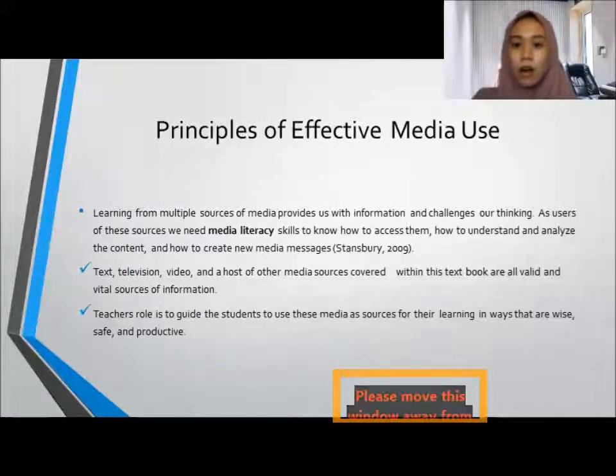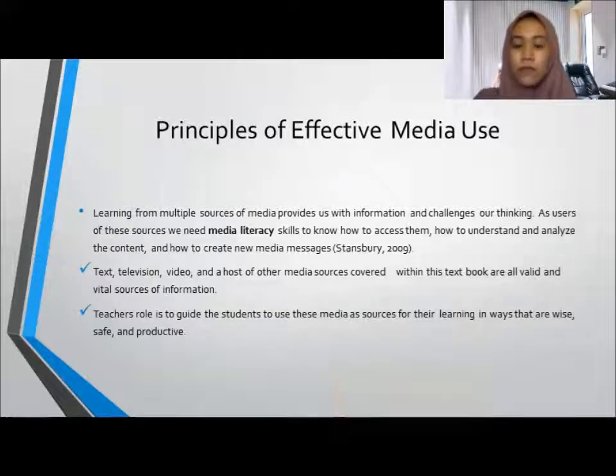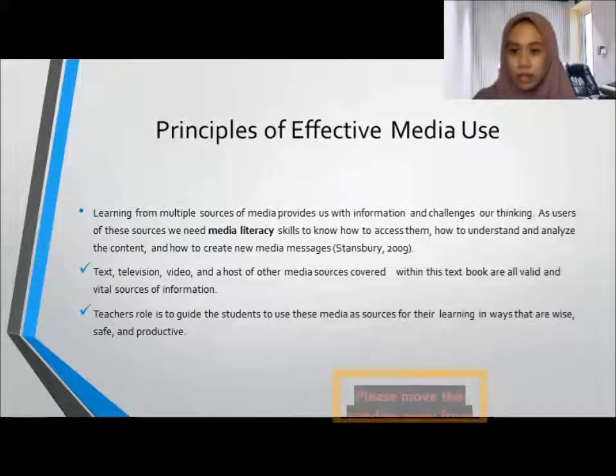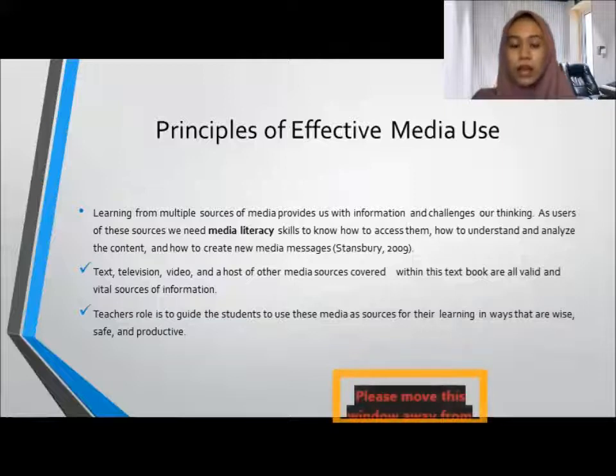There are valid and vital sources of information such as text, television, video, and a host of other media sources covered within textbooks. And then the teacher's role is to guide the student to use these media as sources for their learning in ways that are wise, safe, and productive.